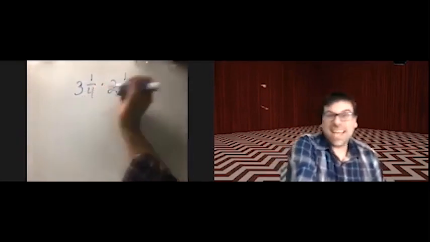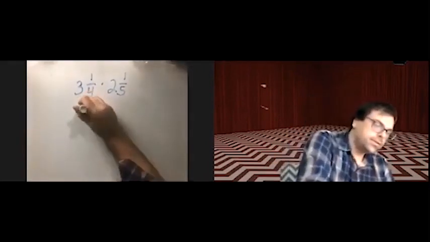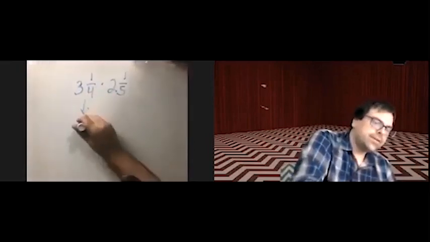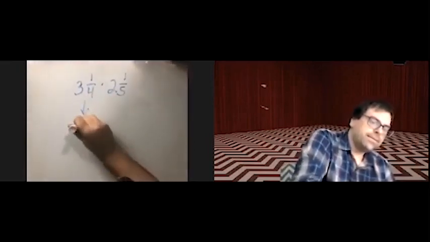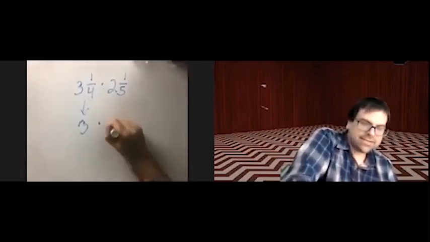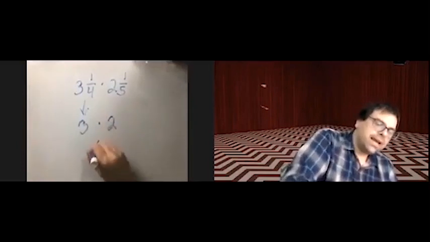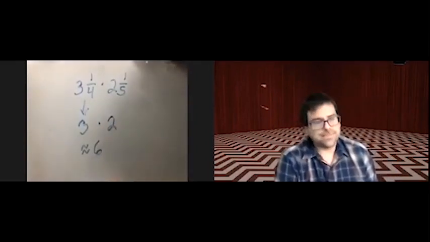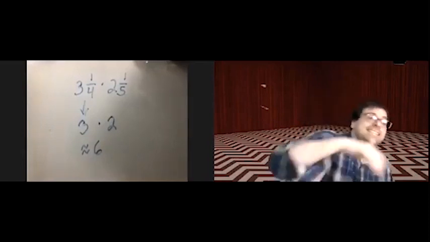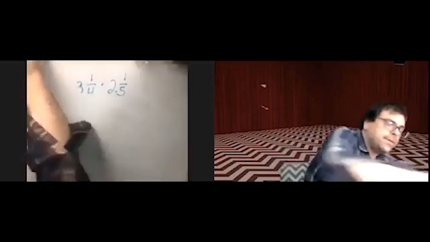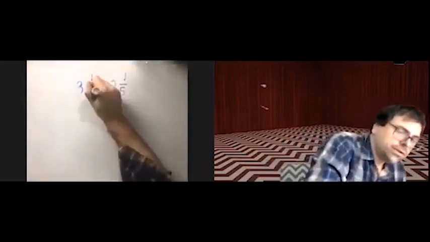Here, for the estimated product, 3 1/4, 1/4 is less than a half, so that's about 3. 2 1/5, that's less than a half, so that's about 2. We would have an estimated answer of about 6. To do the exact, we have to do the full work.